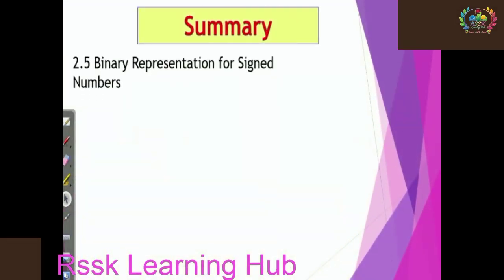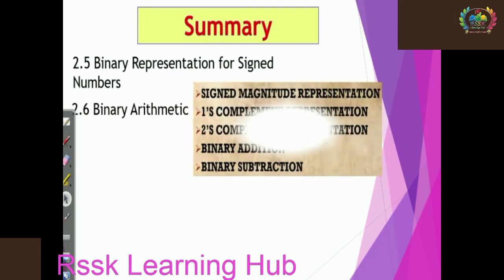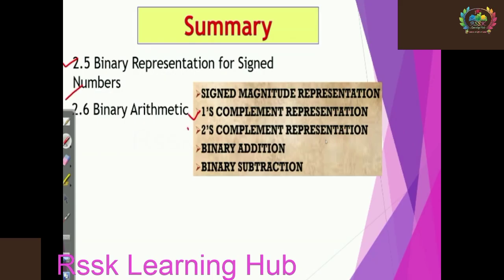Now coming to the summary of the session, what are the things we went through? We saw binary representation for signed numbers, then binary arithmetic. Under that we saw sign magnitude representation, that is positive or negative sign. Along with that we went through one's complement and two's complement.